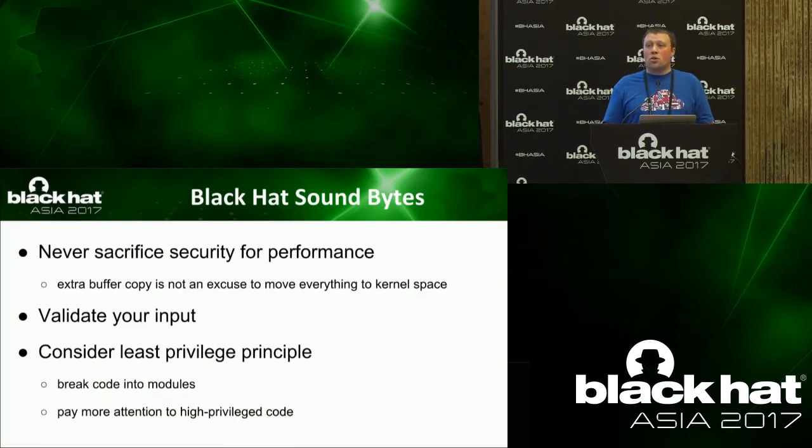But if you break your code into modules properly and make the modules which require high privileges as small as possible, they will be easy to review and audit, and you will dramatically reduce the attack surface of your code. Everything else should be as least privileged as possible.